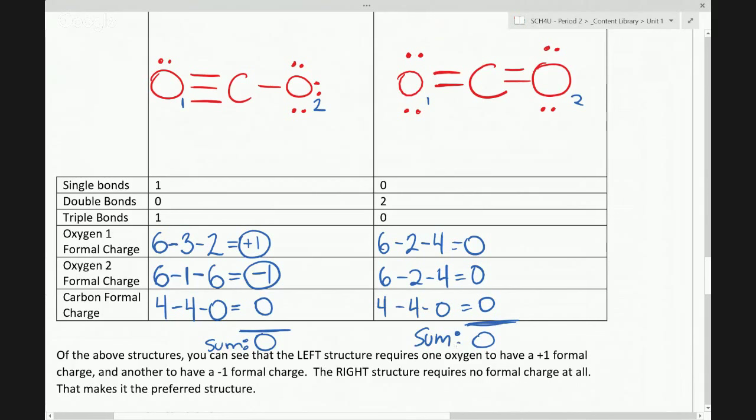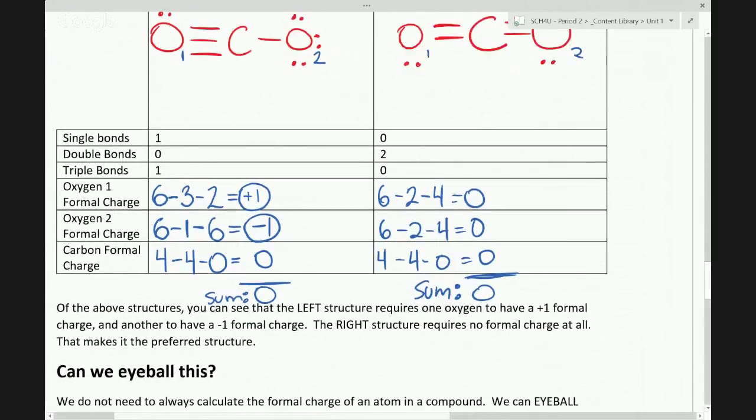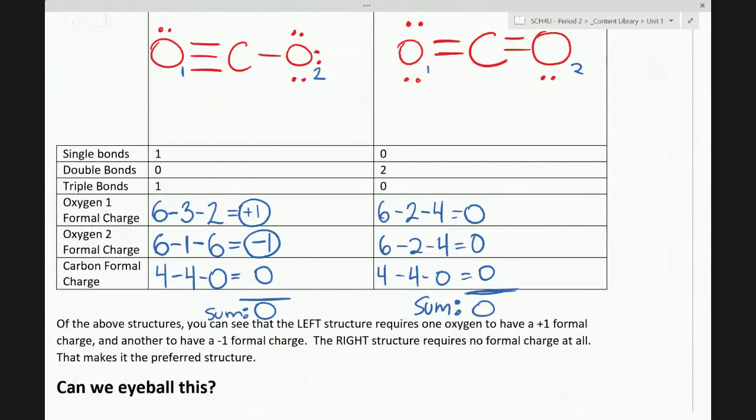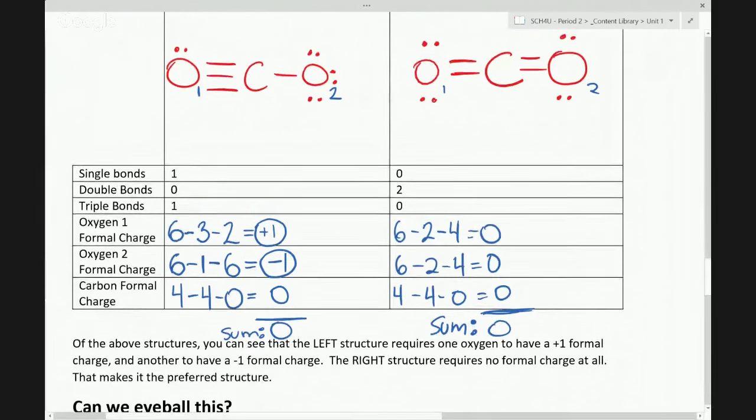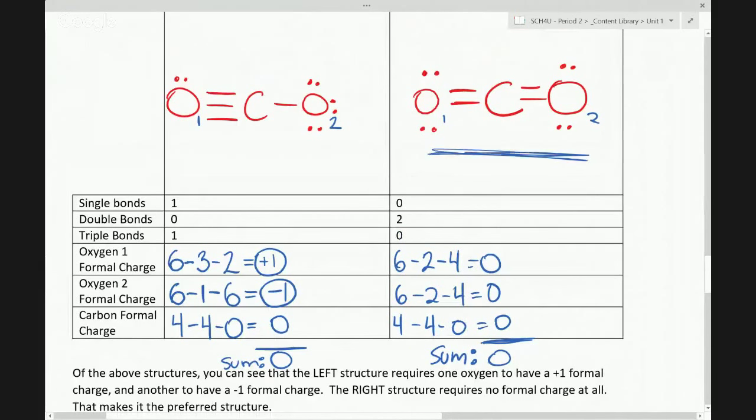Both of them give us net charges of nothing, but the structure on the left requires one of the oxygens to have a +1 formal charge and another to have a -1 formal charge, whereas the structure on the right doesn't require any formal charges. And that makes this structure the one that actually happens in nature in appreciable quantities.